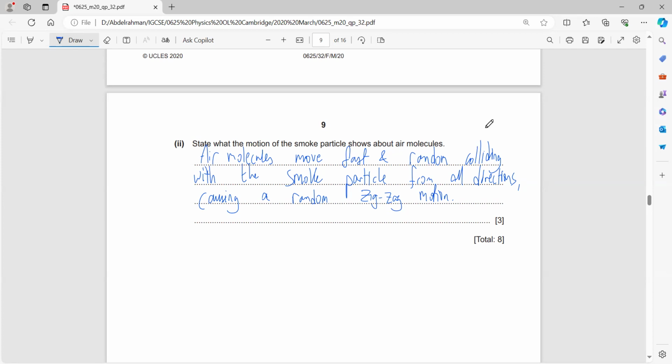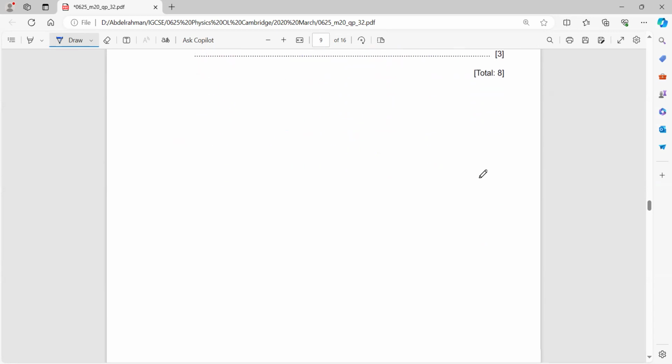This is the Brownian motion. Quite easy. Air molecules move fast and randomly in all directions, colliding with the smoke particles, causing a random zigzag motion.